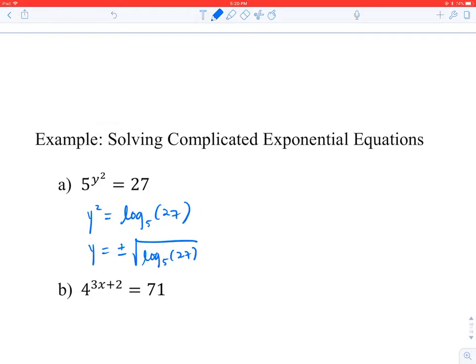So there's two solutions here, and this is how we represent the exact values, and then we could type it into our calculator to get the decimal approximation. So I type in log base 5 of 27. Oops, sorry, I should have done the square root of that. So we get plus or minus approximately 1.431.